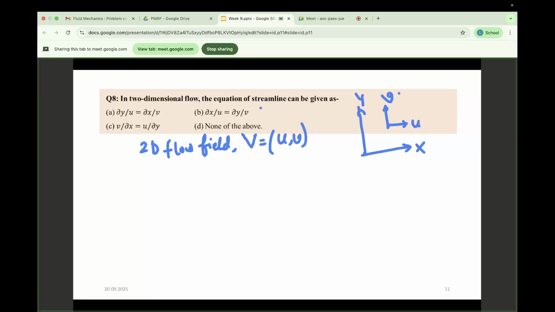So now coming to the definition of the streamline, what exactly is it? It is a curve, right? A streamline is basically a curve where it is tangential to the velocity vector.